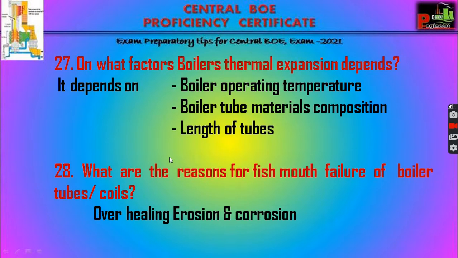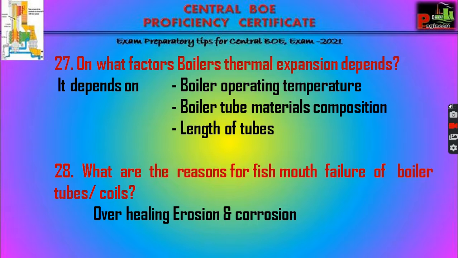On what factors does boiler external expansion depend? It depends on operating temperature, tube material composition and length of the tube. As a thumb rule for steel, the coefficient of expansion is 1 mm for 1 meter of length for 100 degrees centigrade.